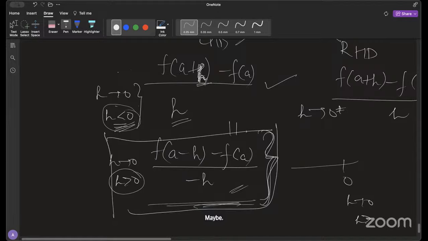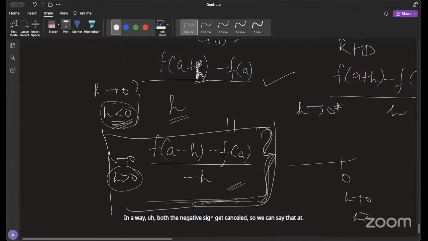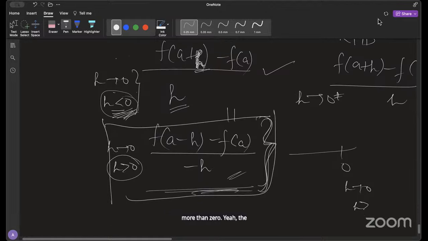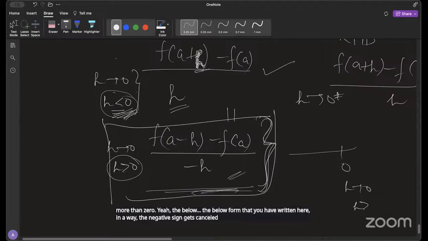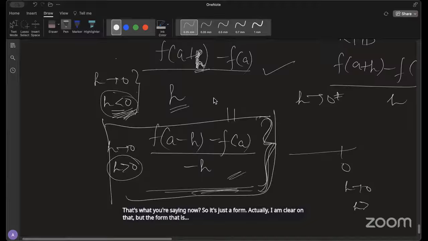In a way, both the negative signs get cancelled, so we can say that h is more than 0. Yeah, the below form that you have written here, in a way, the negative sign gets cancelled from numerator and denominator. So in a way, we can say that h is more than 0. That's what you are saying, right? So it's just a form. Actually, I am clear on that, but the form that you are culminating into, I just had a little bit of confusion on that.